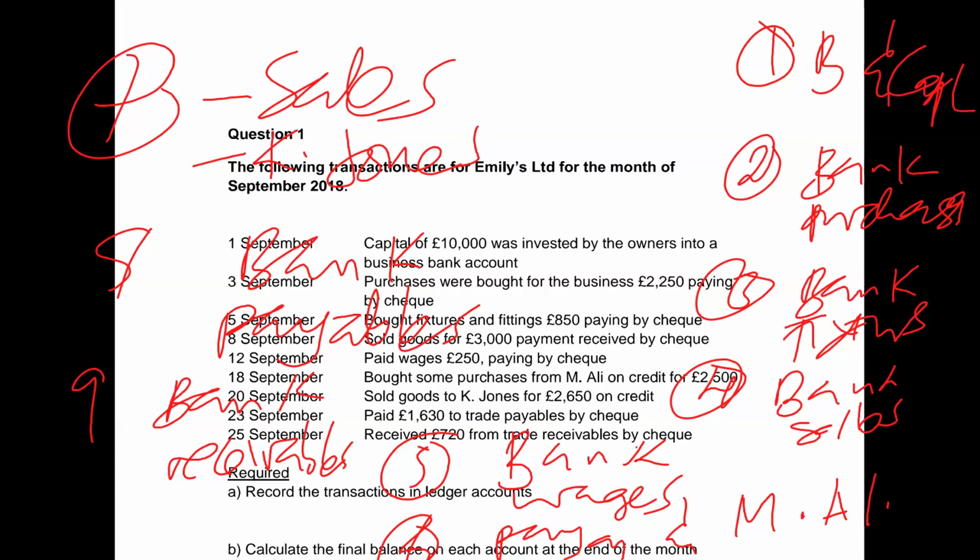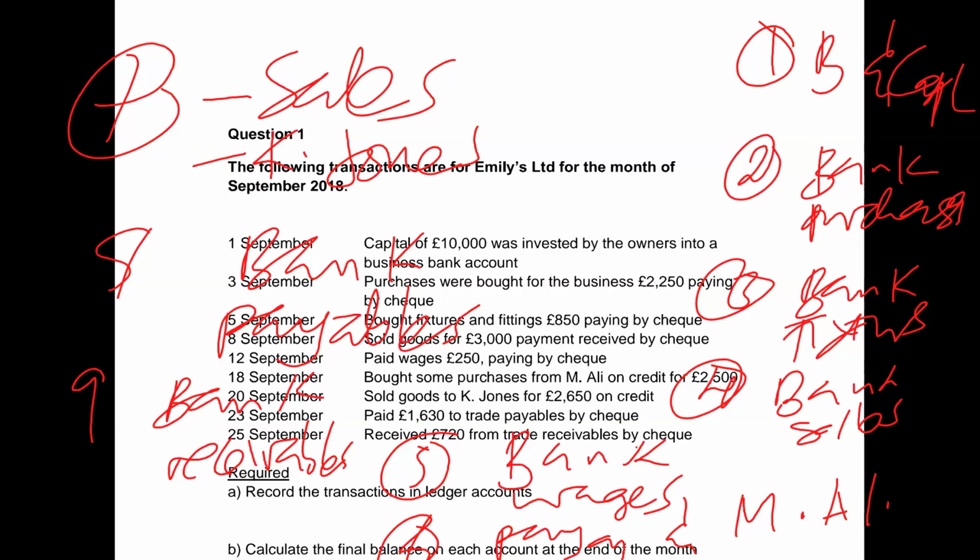So now, as the details, we put receivables, the other account, the opposite account. If we sold on credit. No, the first sales were on the 8th.